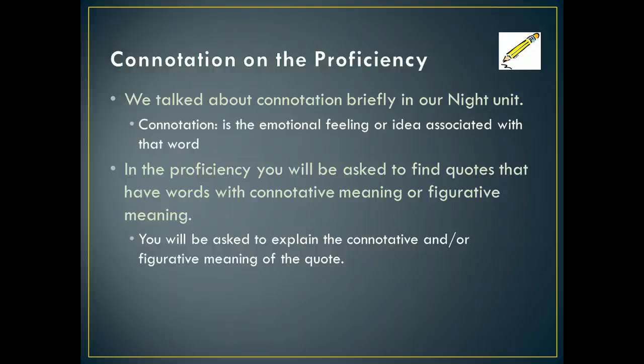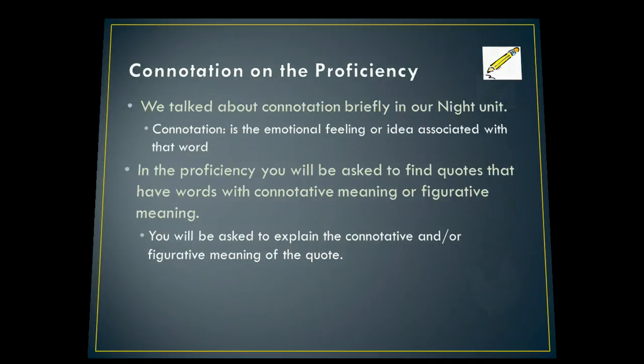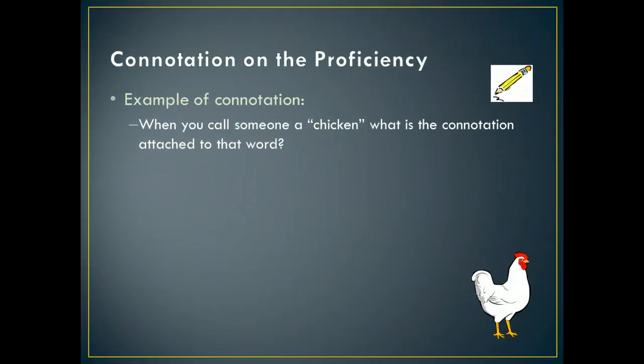In the proficiency, you're going to be asked to find quotes that have words with connotative meaning or figurative meaning, and you're going to be asked to explain the connotative or figurative meaning of that quote, very similar to what we did in the inference unit, short stories on the Holocaust. A lot of you needed a lot more work on being able to clearly identify the implied meaning. So that's what we're looking at here.